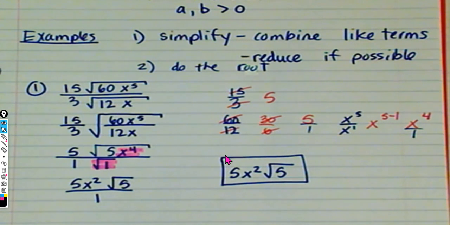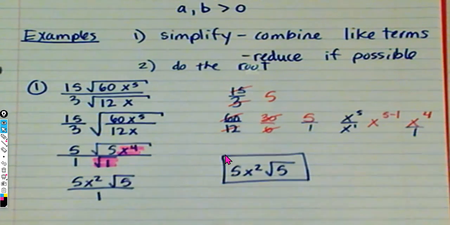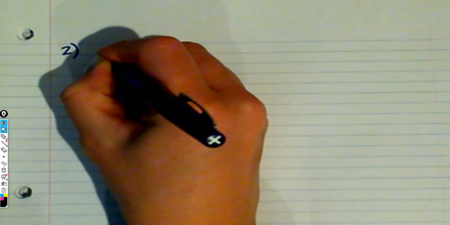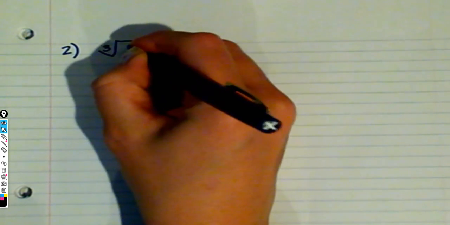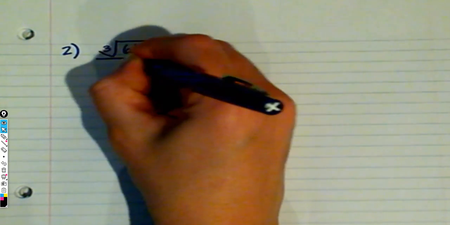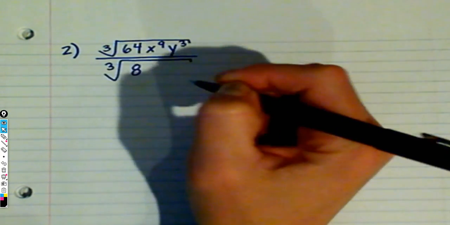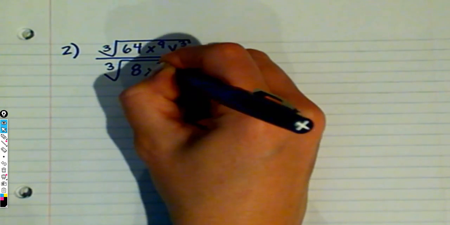Okay, let's do a second example of just the division. I'm going to go ahead and flip my page. Okay, so this time we're going to do a cube root of 64 x to the 9th y cubed over cube root of 8 x cubed y to the 12th.